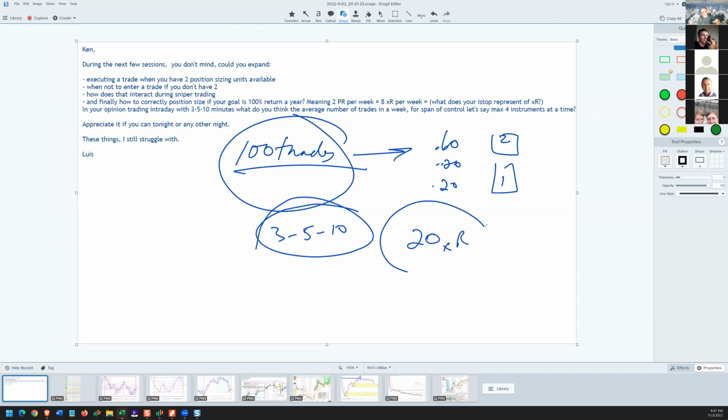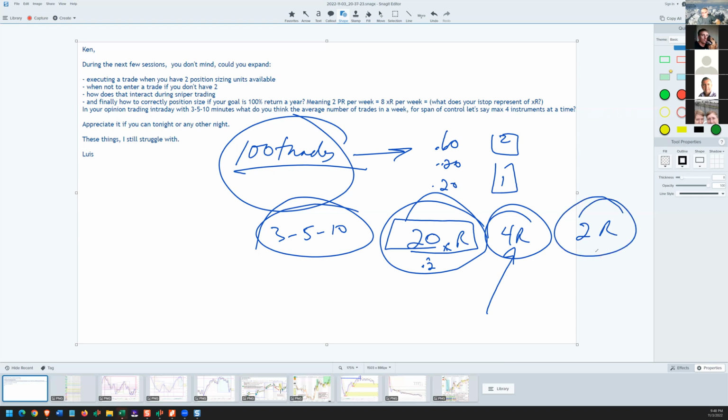You've seen days when there were 20 execution risks. And if you set that equal to 0.2 of a position sizing risk, that means that 20R day was really a 4R position sizing, and you get that in one day when you only need to net 2R a week to make your 100R.